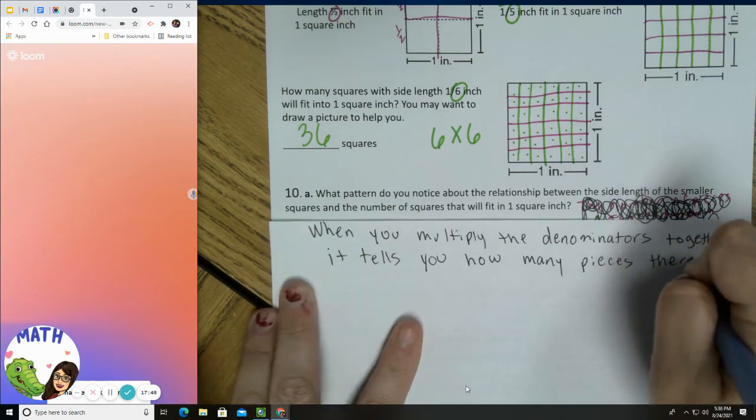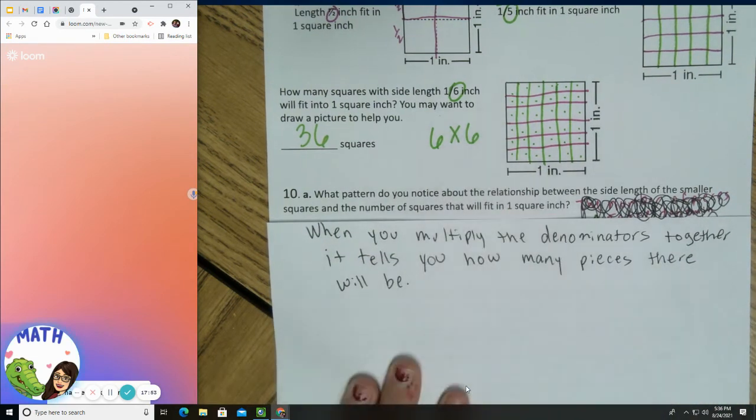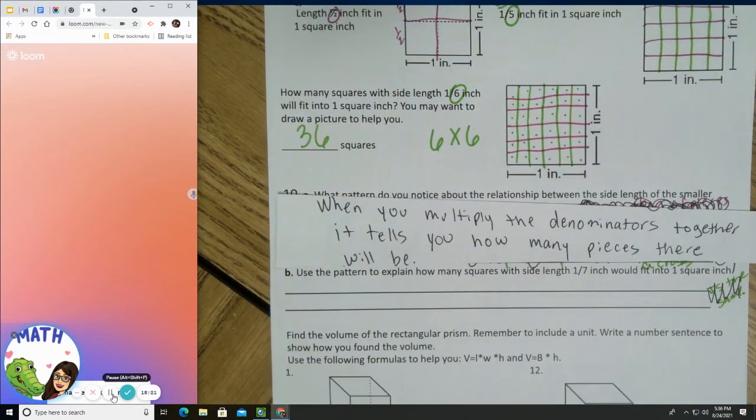There will be... Please take a moment and write that down. It says use the pattern to describe how many squares with a side length of 1/7 will be in 1 square inch.